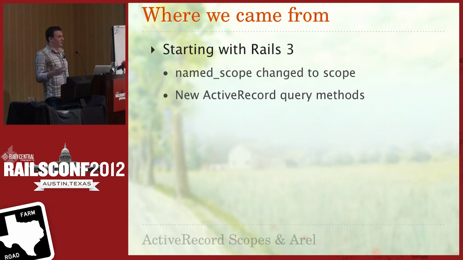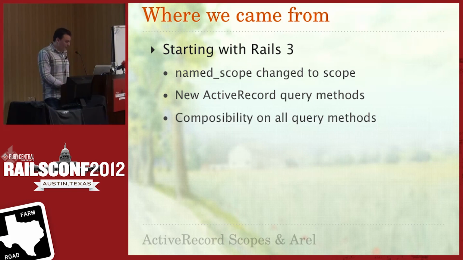Those query methods are just the options from that hash, pulled out into separate methods that you could call. For instance, in the options hash before, there was a conditions section, and that now became a where method. Where you would say order before, it was now an order method, those kinds of things. And then the composability, or chainability, was extended to all those query methods.